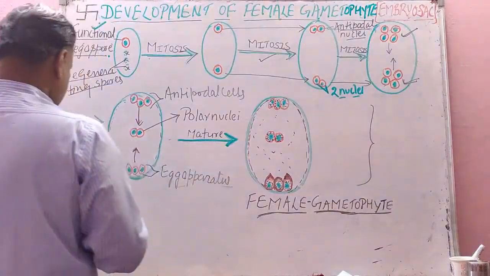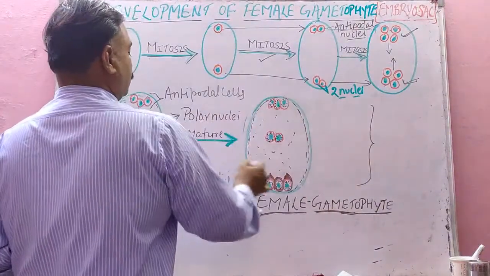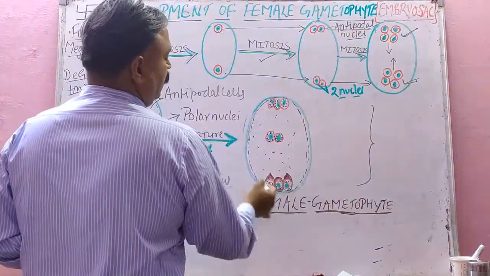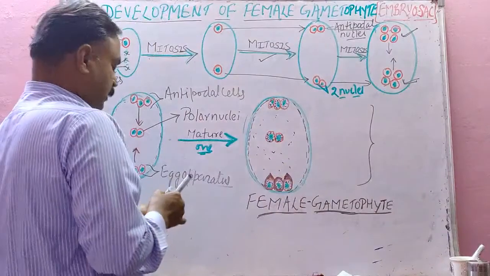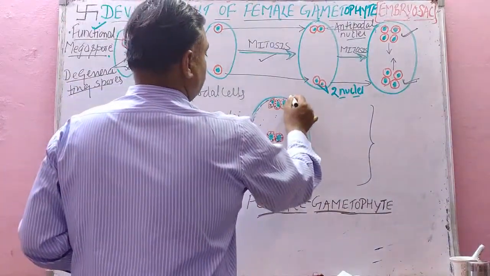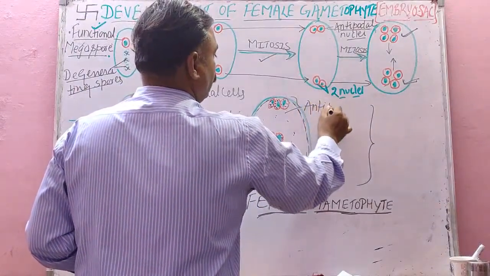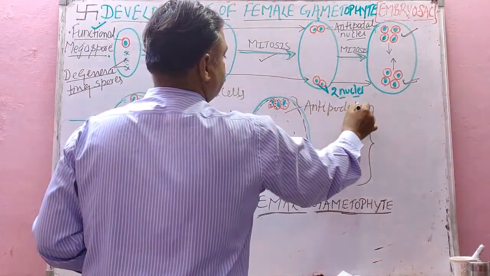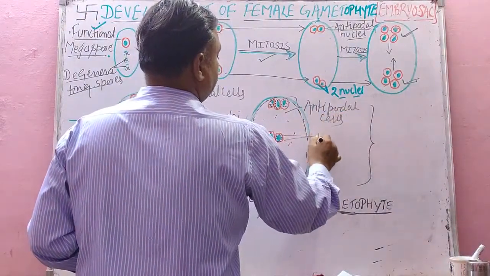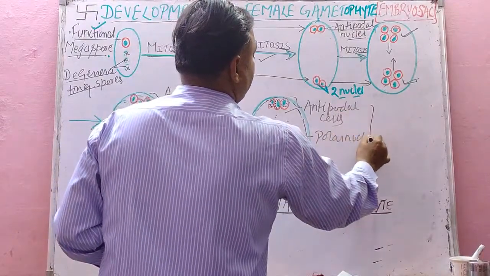Now when we see the ultimate structure, the mature one, a very large beautiful embryo sac that may be called the female gametophyte. Again, these are well developed antipodals, well developed polar nuclei, or what, student?